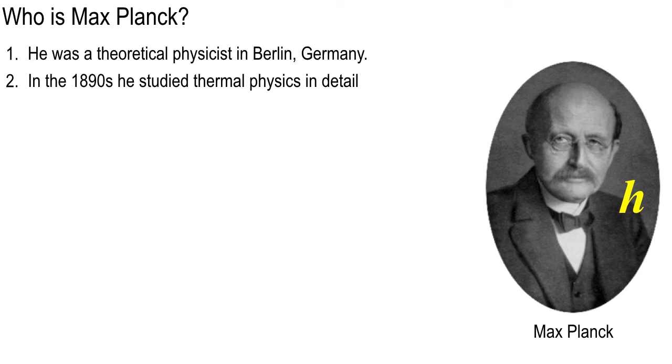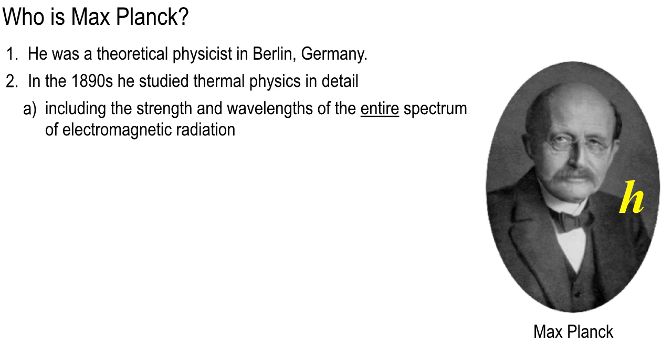He was a theoretical physicist in Kiel, Germany, and then in Berlin. And in the 1890s, he was studying thermal physics in detail. One of the problems they had at that time was figuring out the entire spectrum of electromagnetic radiation and how that varied with the temperature of an object.